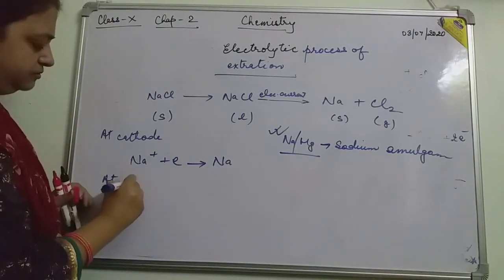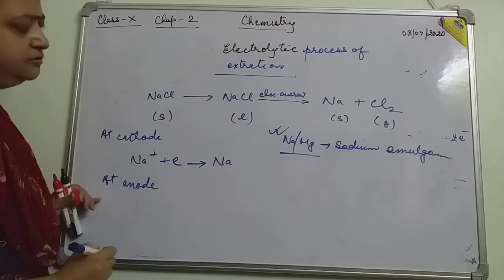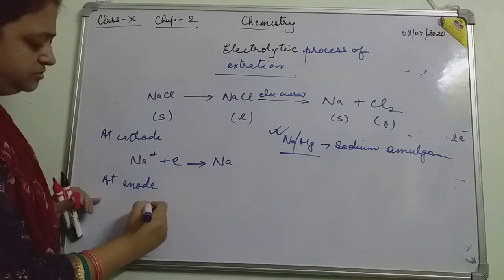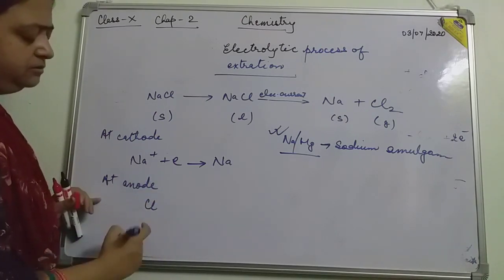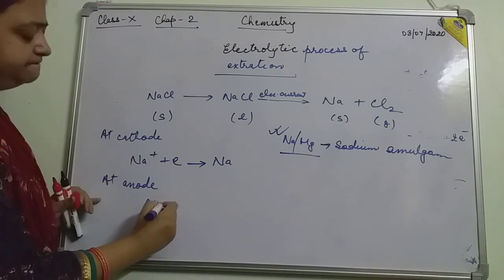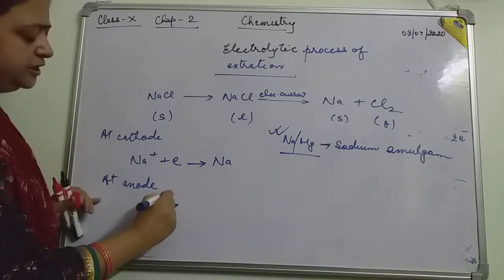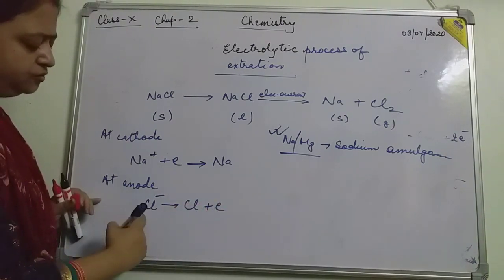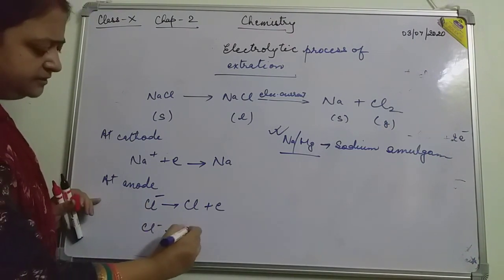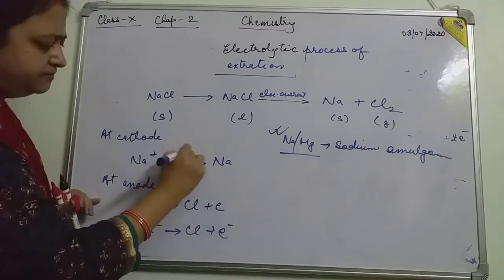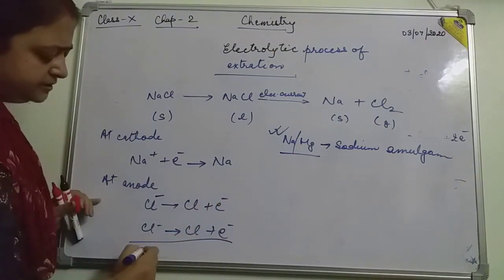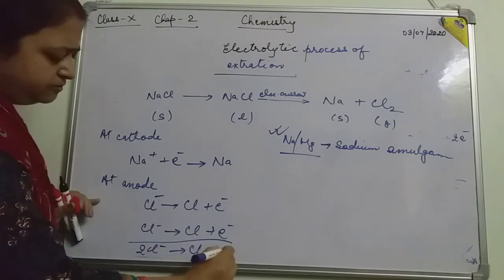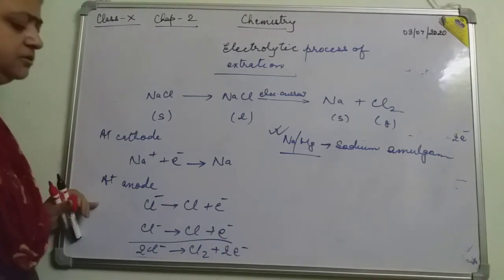At anode, Cl- loses one electron and becomes Cl. 2 Cl- now becomes Cl2 by losing 2 electrons.